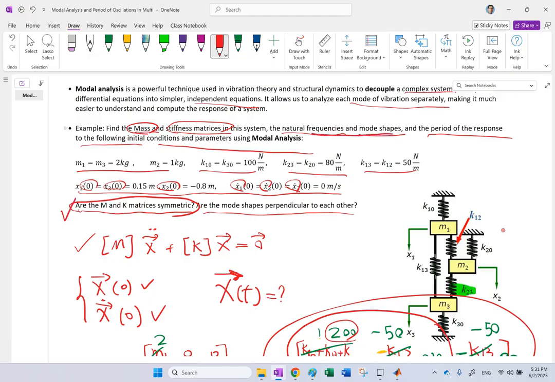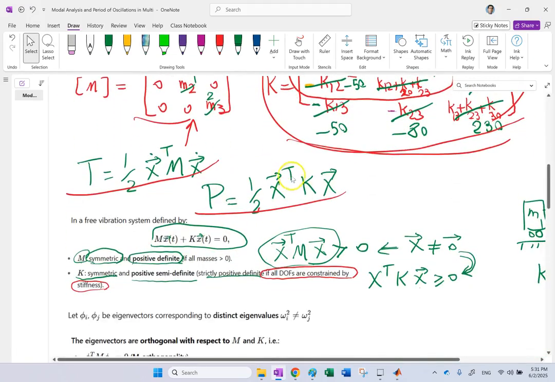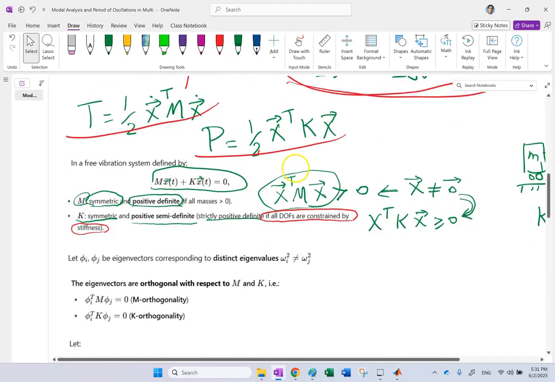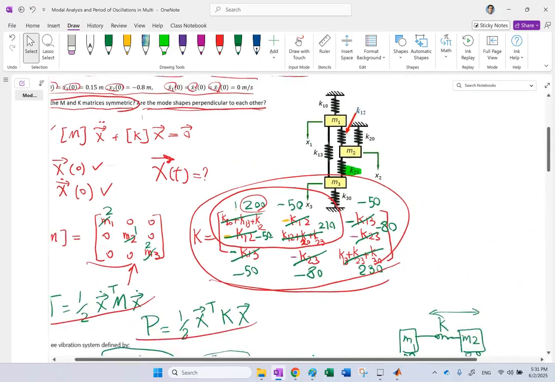Now I want to go here and see if the mode shapes have any specific property. Then we are trying to find the response of the system with these initial conditions, and then finally we're going to look at the period of oscillation for this system. So we have a lot of things to cover, okay? So let's go ahead and find the natural frequencies and the mode shapes.